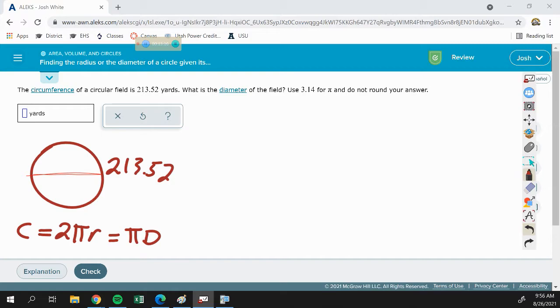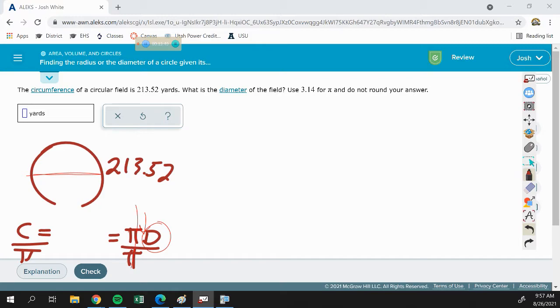So which formula do I want to use? The pi d. So if circumference is equal to pi d, what is d equal to? Not times. How do I separate multiplication algebraically? Divide by pi. And what happens to pi divided by pi?